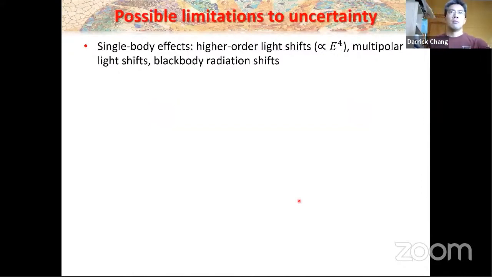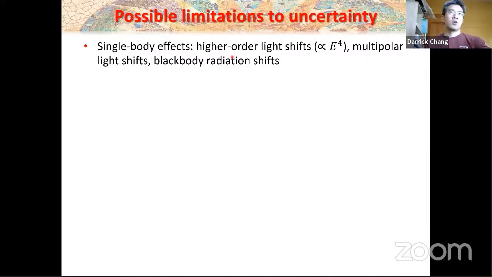Okay, so one might ask what are the possible limitations to this lattice clock uncertainty. And I guess it's easy to believe that if you're interested in reaching 10 to the minus 18 uncertainties, then a lot of things can matter. And a lot of them are just single body effects. For example, you might have light shifts: you send in light to trap the atom, but the light shifts the resonance frequency of your atoms.